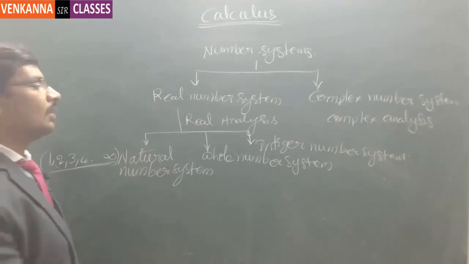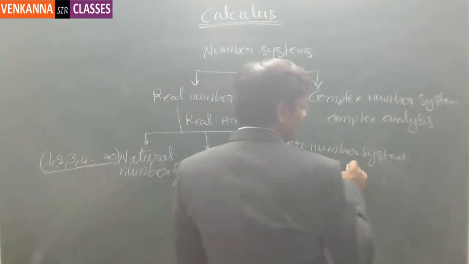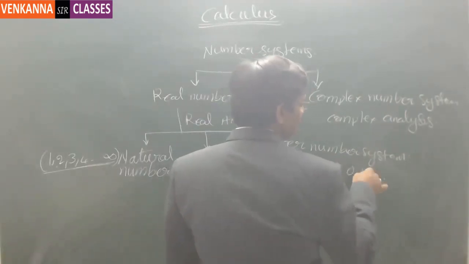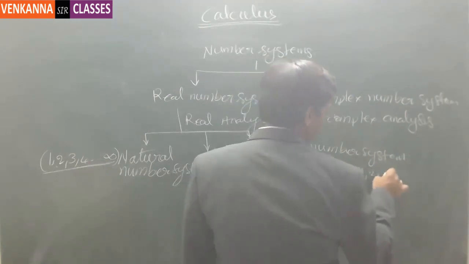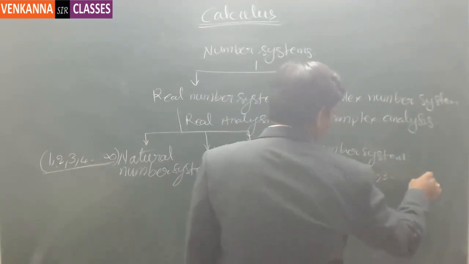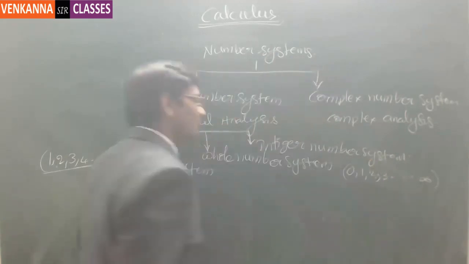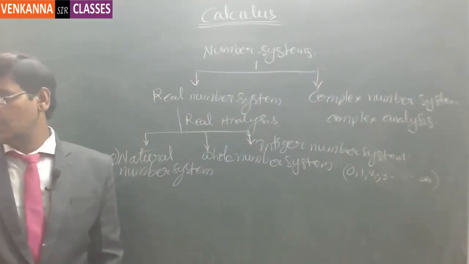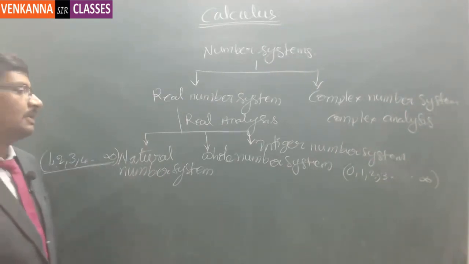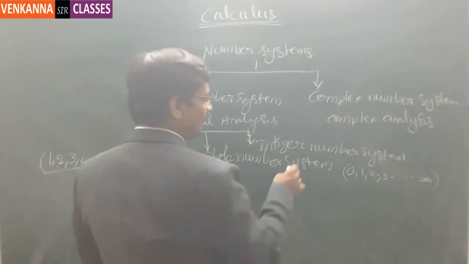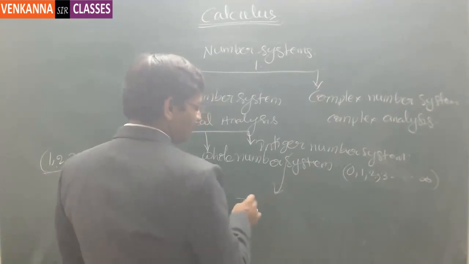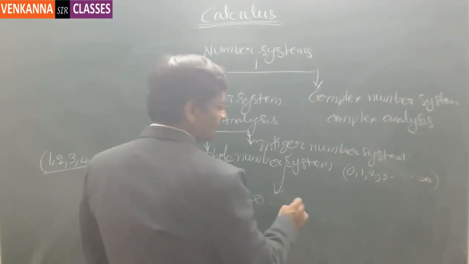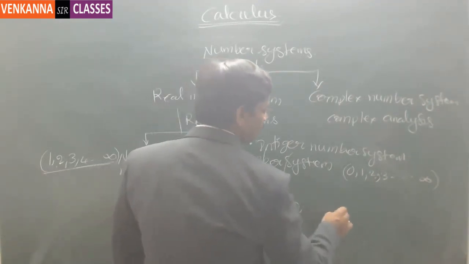And then the whole number system was introduced once we invented the 0, and then 0, 1, 2, 3 up to infinity. So this is the whole number system. The natural number system plus 0 will form the whole number system. And then the integer number system, it will be from minus infinity to 0 and then from there to infinity.